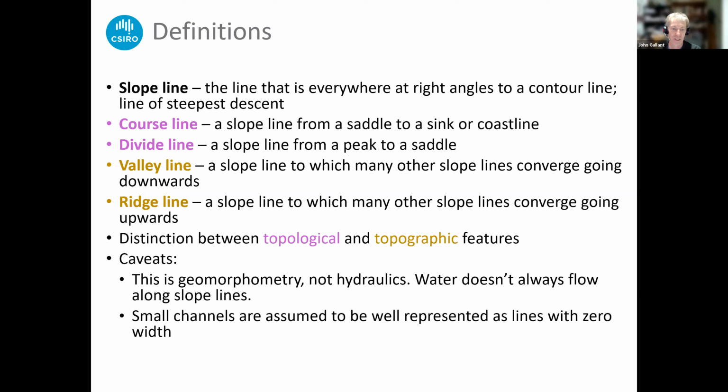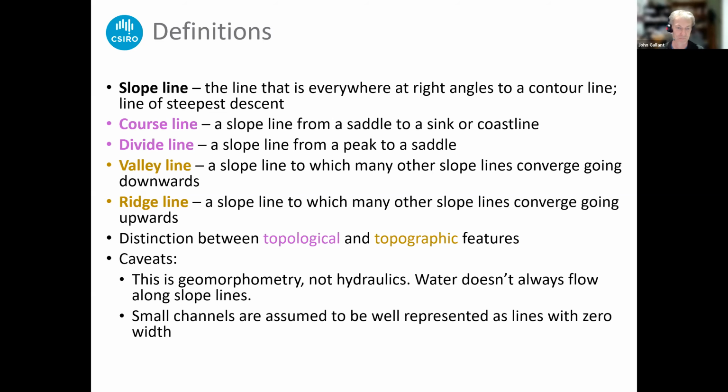Now, the distinction between those two is that course and divide lines are topological features that affect the connectivity of the flow lines. And the valley lines and ridge lines are topographic features. You can always see a topographic feature in the landscape. You can't always see a topological feature.